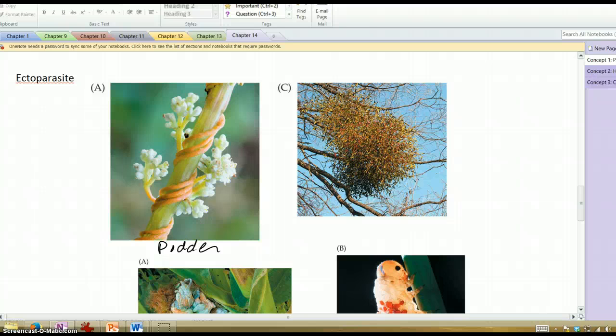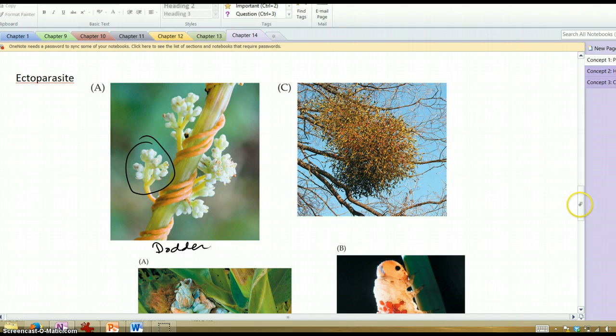Here on the left, we have one called dodder, and it's interesting in that it is a non-photosynthetic plant that parasitizes other plants. And so the one being parasitized is this green stem in the middle, and the sort of yellowish thing wrapped around it is dodder, and this is a cluster of the flowers from the dodder plant.